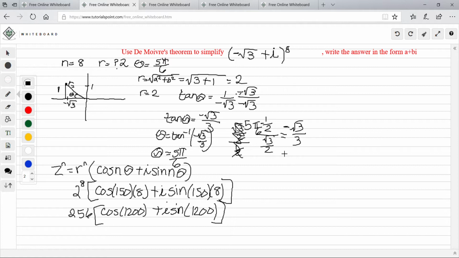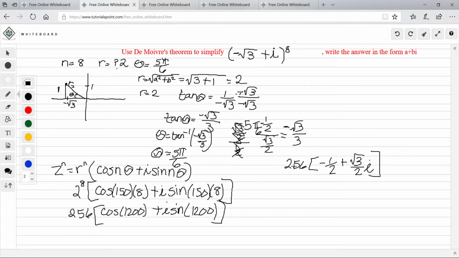Let's finish. Cosine of 1200 is negative 1/2, so it's 256 times negative 1/2. And sine of 1200 is positive √3 over 2. Please don't forget about the i. Then just distribute the r.